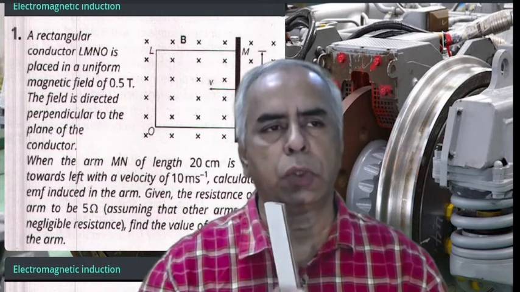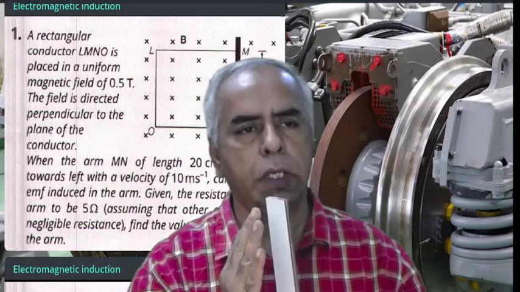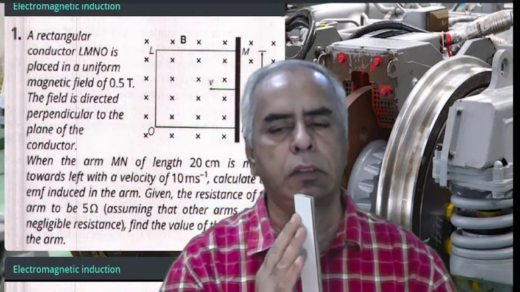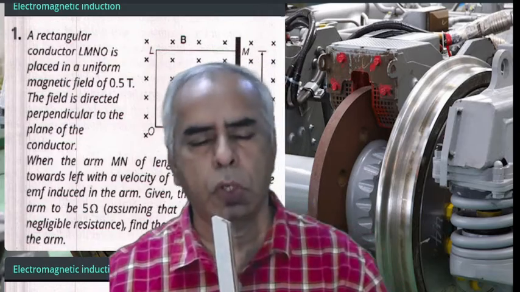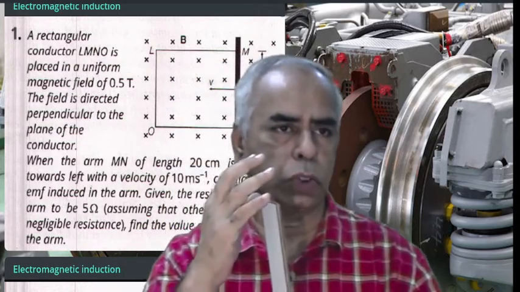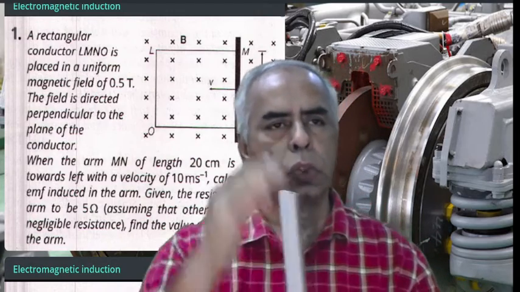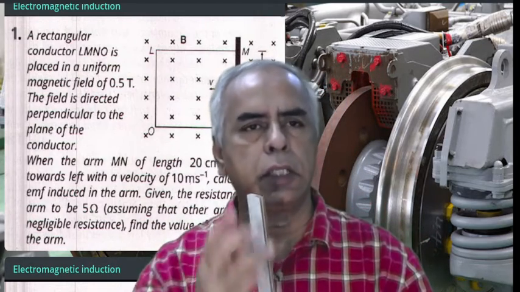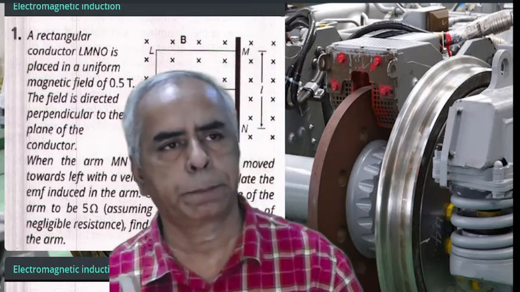We already know when a metal rod is moved in a magnetic field, there arise two kinds of forces. One is the Lorentz force, responsible for the motional EMF, and the other is the Coulombic force. These two are very important here.